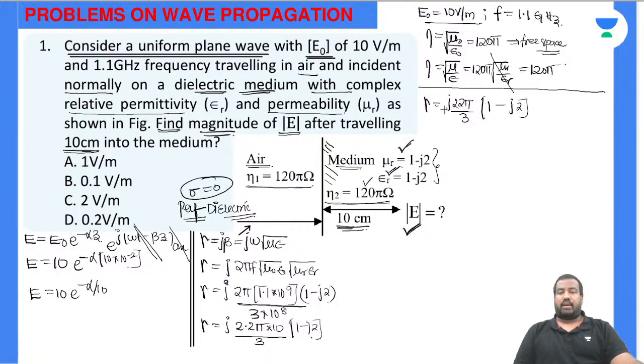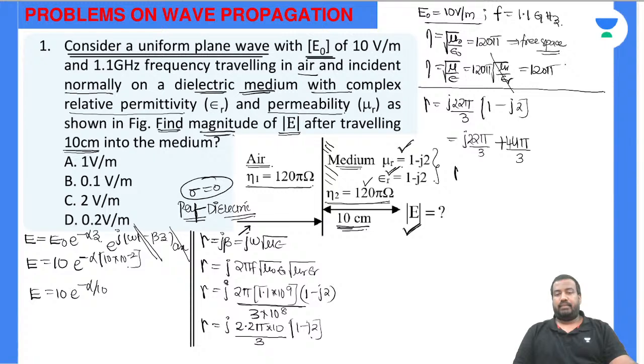This is j times 22 pi by 3 minus j square times 22 pi by 3 times 2, which is plus 44 pi by 3.